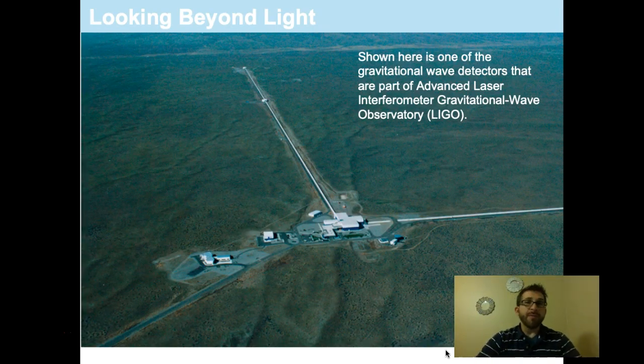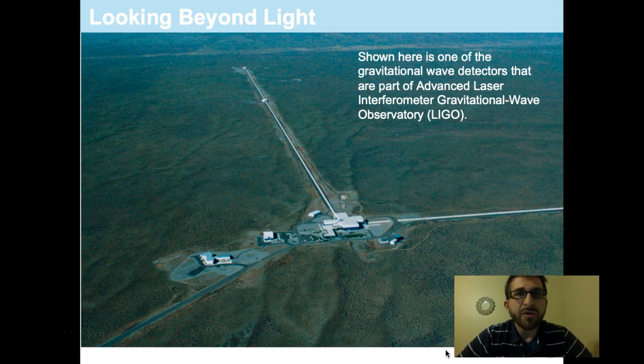The newest type of detector is called a gravitational wave detector. This is something that actually was hypothesized in the early 1900s with Albert Einstein. Einstein and his theories of relativity hinted at the fact that gravitational waves, if his theories were correct, which they apparently are, would be able to be detected.